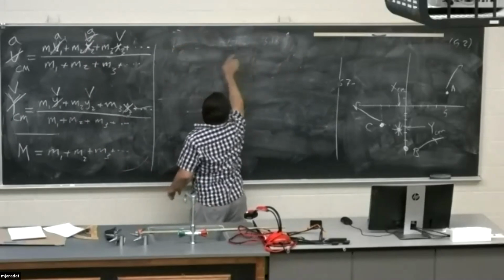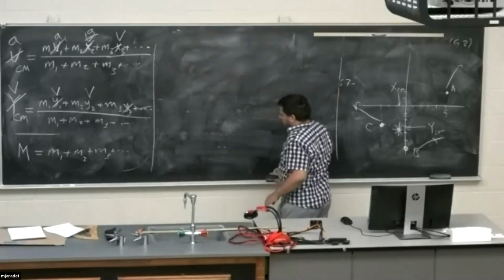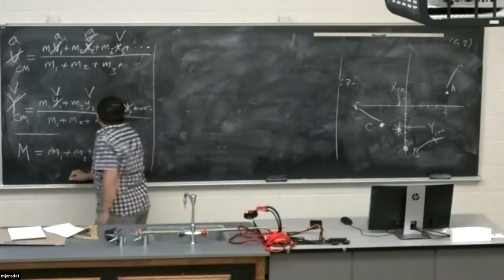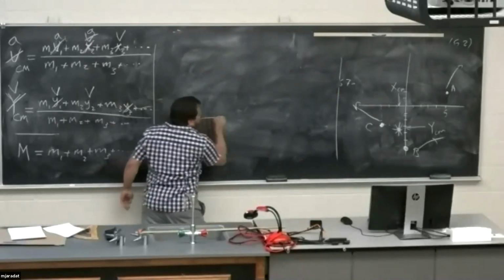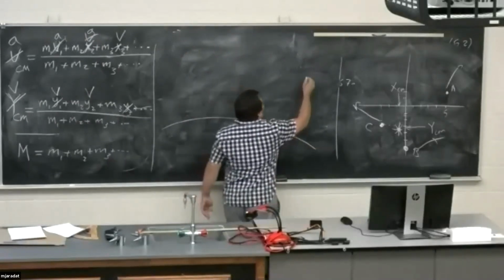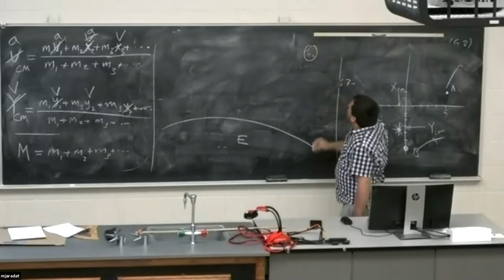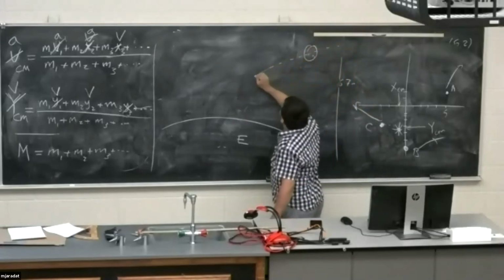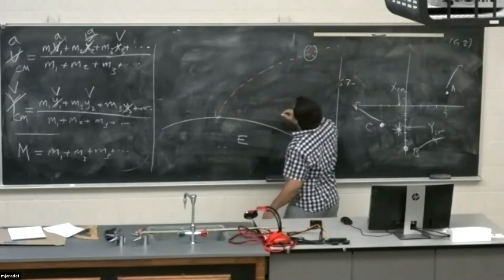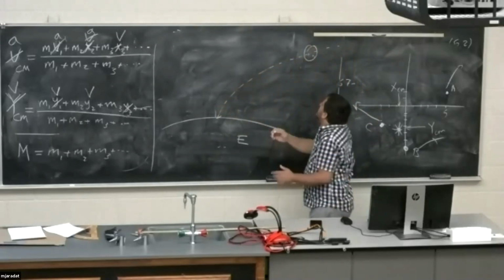If we have a comet, and this comet, as in movies, will hit the Earth, and this is the Earth, and this is our comet. The trajectory of the comet is this. The trajectory of, not the comet, the center of mass of the comet.